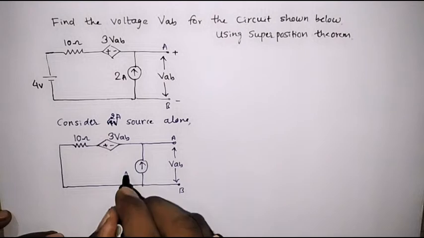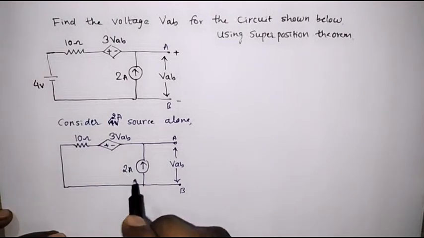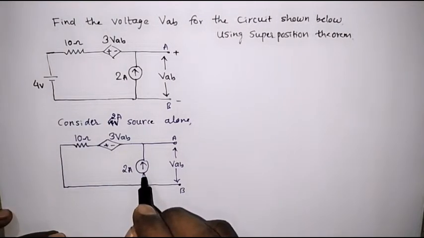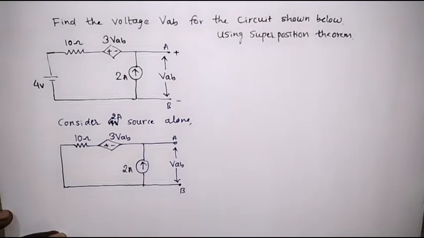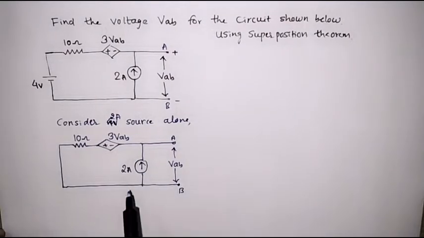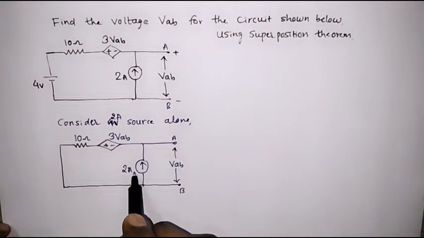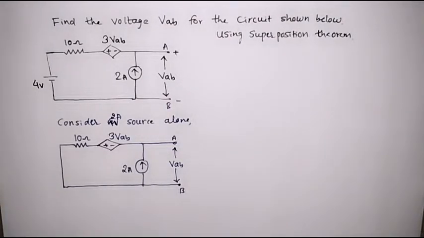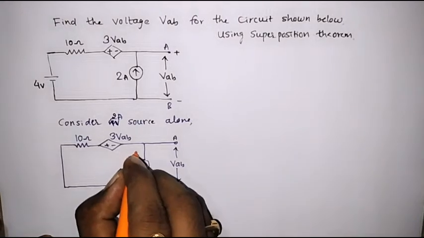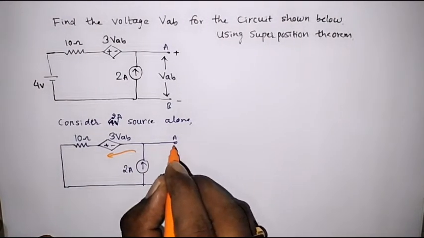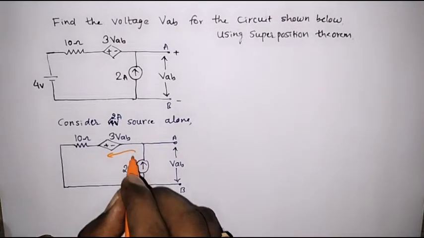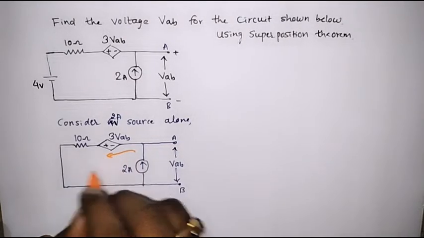Now here we can observe a 2 amp current source which is flowing here. The entire 2 amp current source will flow through this branch and no current flows here because this is open. So the entire 2 amp current will flow through this loop.